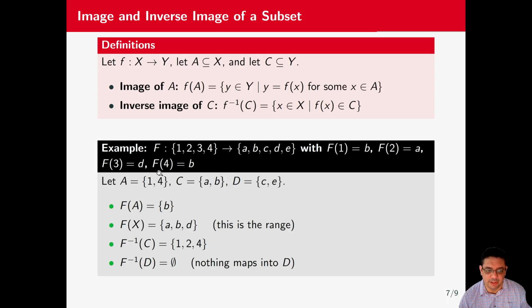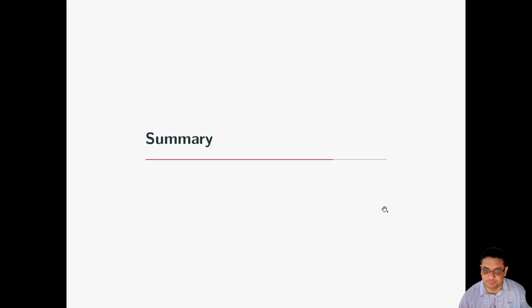Since b is related to 1 and 4, and 2 is related to a, we're going to have that {1, 2, 4} is the inverse image of C. Now, for D, which is {c, e}, notice that because we don't have any elements that go to c or e according to this definition, the inverse image of D is going to be the empty set. It maps nothing into D pretty much.